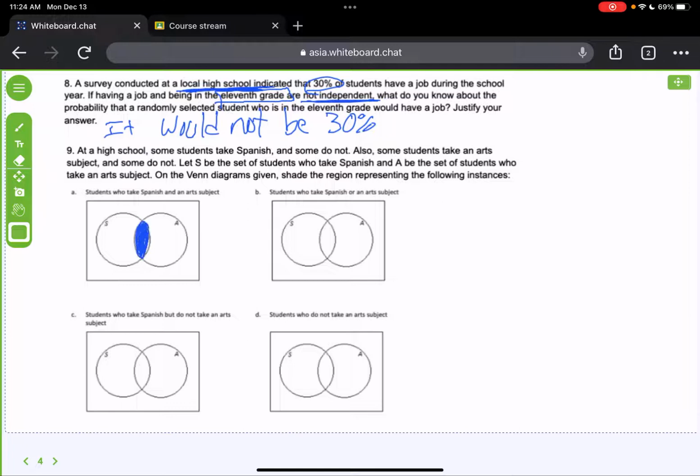That is both. Students who take Spanish or an art would be here, and here, because this is the art.